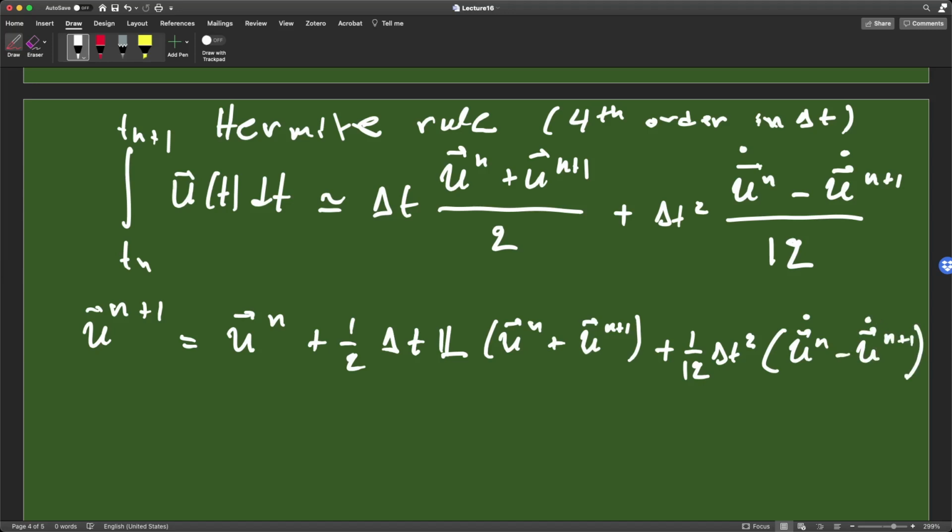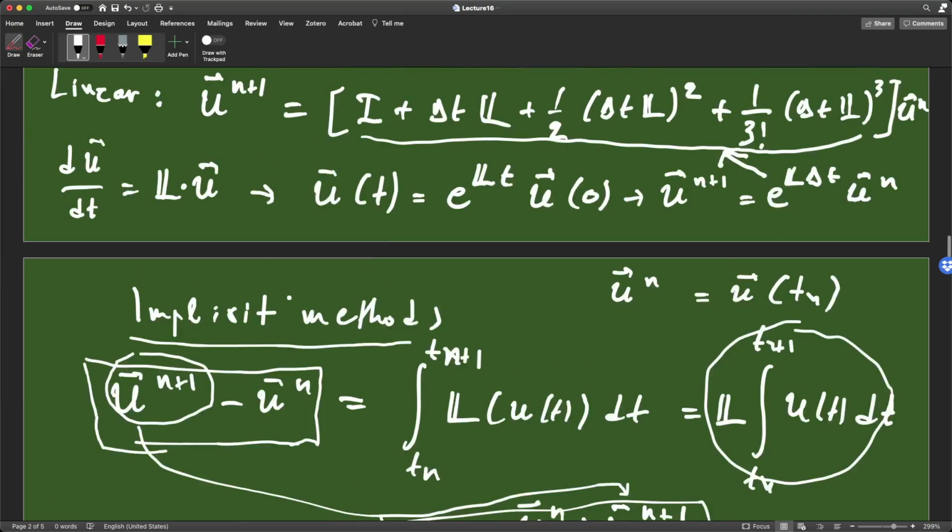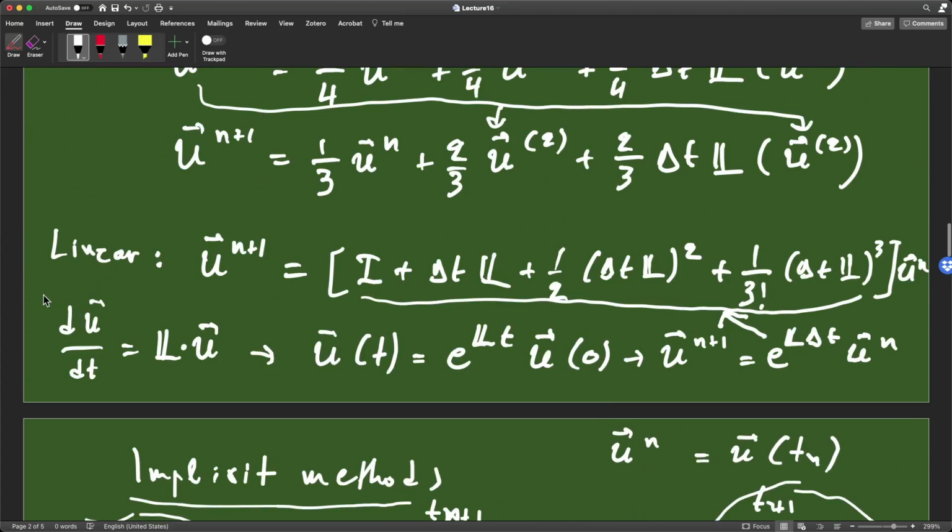Now, if we look at these time derivatives, un dot and un plus 1 dot, in this case, we know these derivatives exactly from the differential equation itself. Remember, the differential equation is this for the linear case. So du by dt, or u dot, is simply L times u.